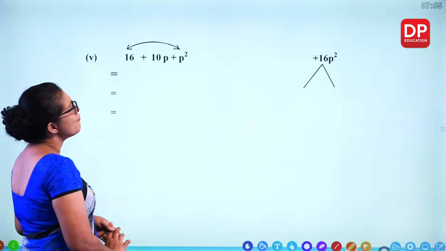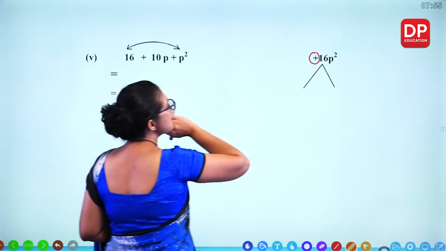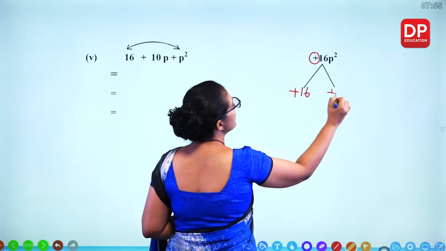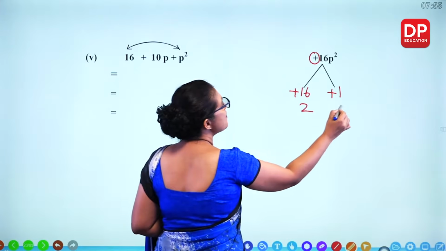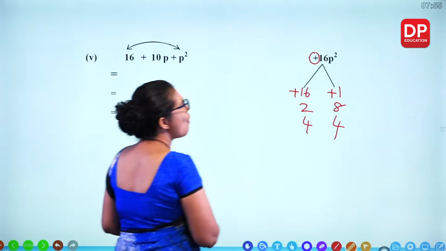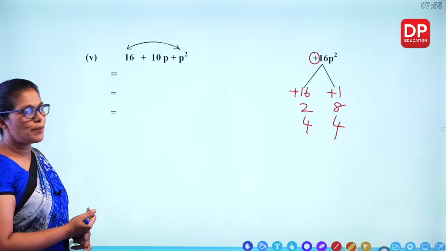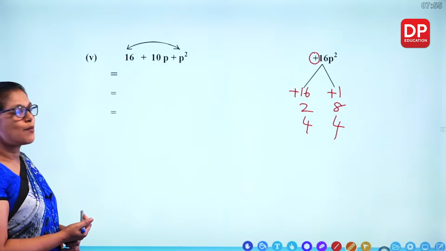What are the factors of plus 16? Sign is important. This is plus 16. Plus 16 times plus 1. 16 times 1, 2 times 8, 4 times 4. Now, which one is suitable? 4 and 4, 8. 16 and 1, 17.